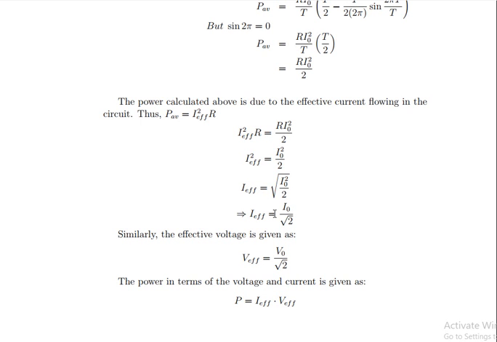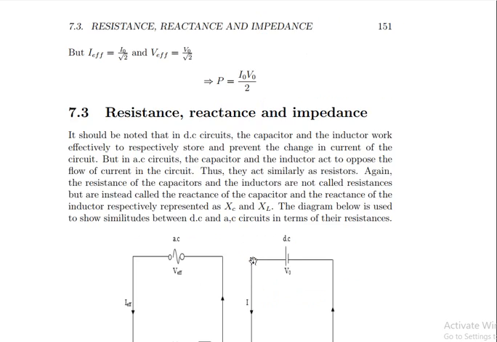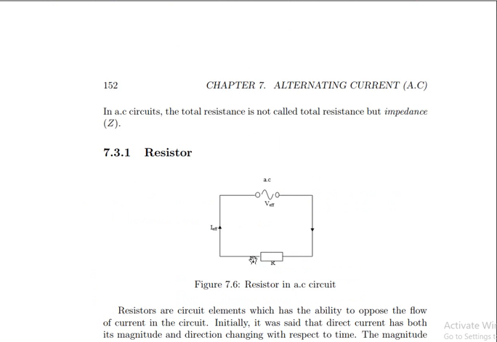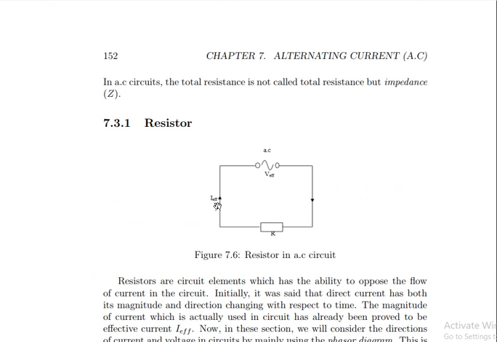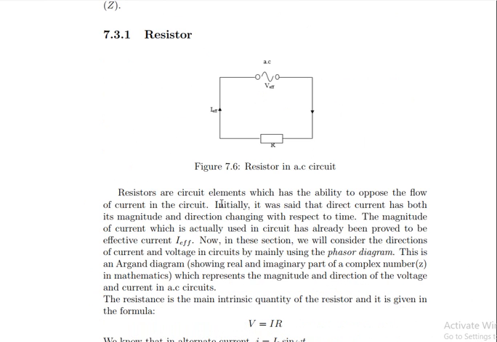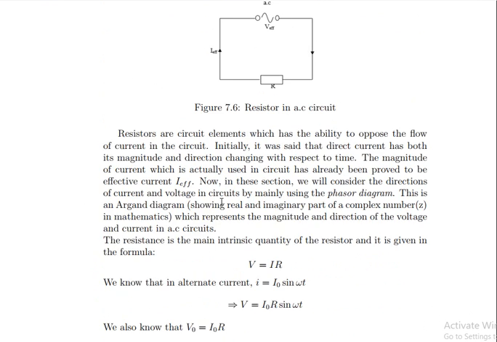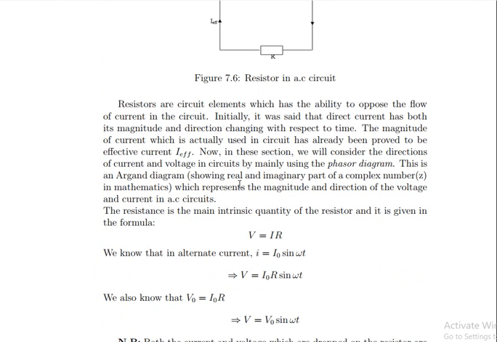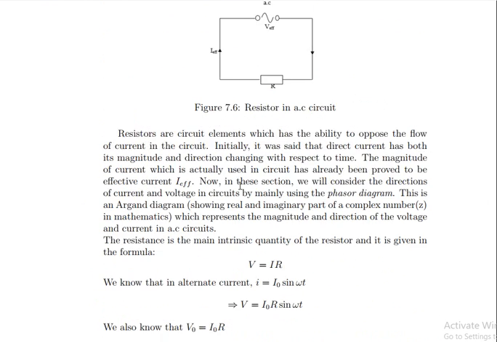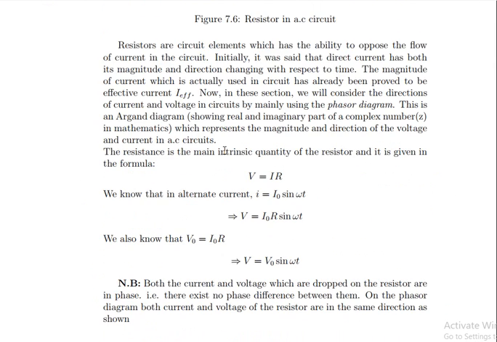Now we have already visualized the magnitude of the current and the voltage which are going to be used inside circuits. But now in these latter sections with resistors, inductors, and capacitors, we are going to visualize the direction of current and voltage used in circuits. So now let's visualize the direction of current and voltage in the case of resistors.